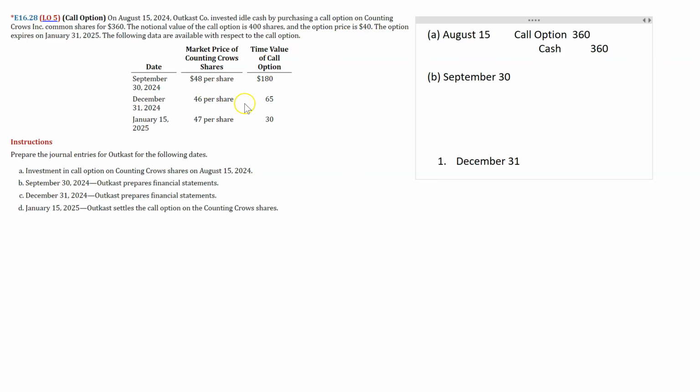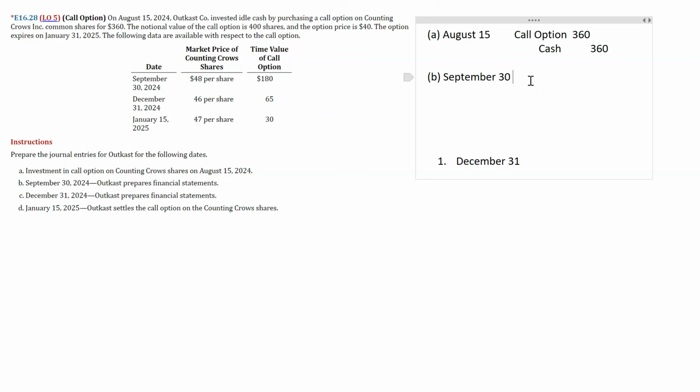So at this point we will record unrealized holding gain. For each share we are having $8 gain, and it's for 400 shares, so we will credit 400 times $8 as unrealized holding gain, and it will be on the income statement.